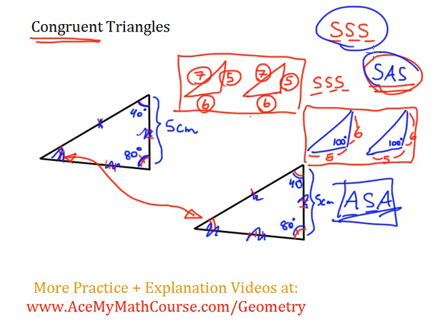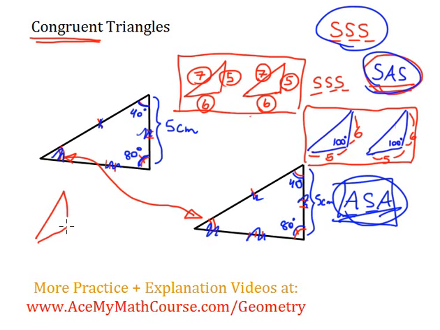So 3 different ways to prove whether two triangles are congruent or not. And of course, there are many questions that you should try and practice to make sure you understand the concept well. It seems pretty straightforward, or so I hope. And let me give you a small example here.